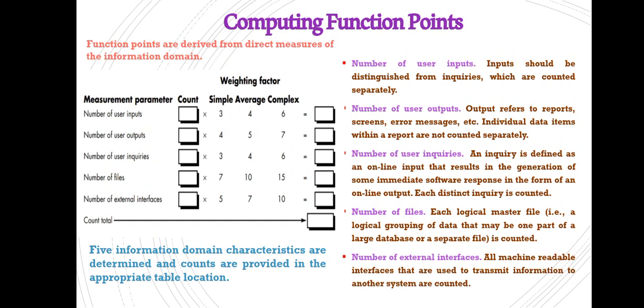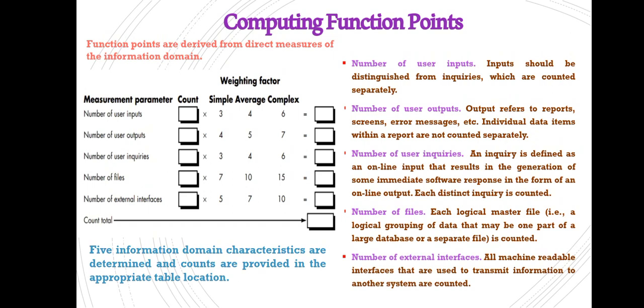There are majorly 5 measurement parameters, namely number of user inputs, number of user outputs, number of user inquiries, number of files, number of external interfaces. So let us understand each and every parameter in a more elaborated way.